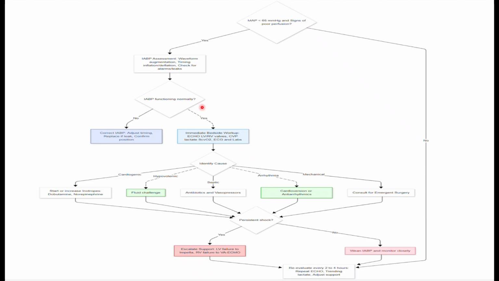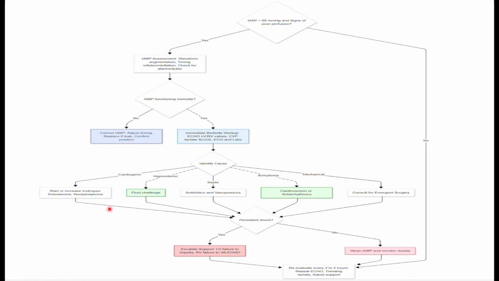If the balloon pump is working normally, then do an immediate bedside workup: echo for LV and RV function and valves, lactate, and ECG and labs. If we identify the cause: if it is mechanical, consult surgery; for arrhythmias, we can cardiovert the patient; if septic shock, we start antibiotics and vasopressor; for hypovolemia, a fluid challenge; and for cardiogenic shock, start or increase inotropic support.